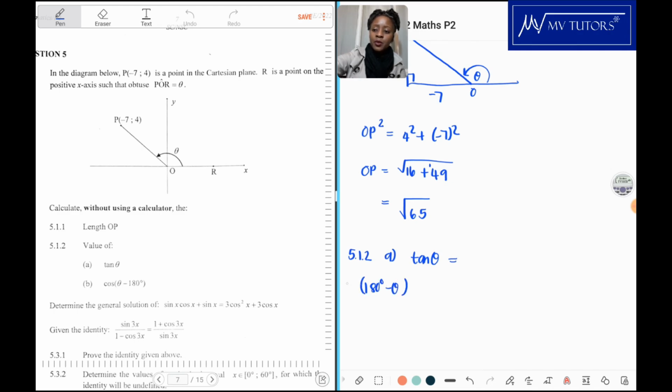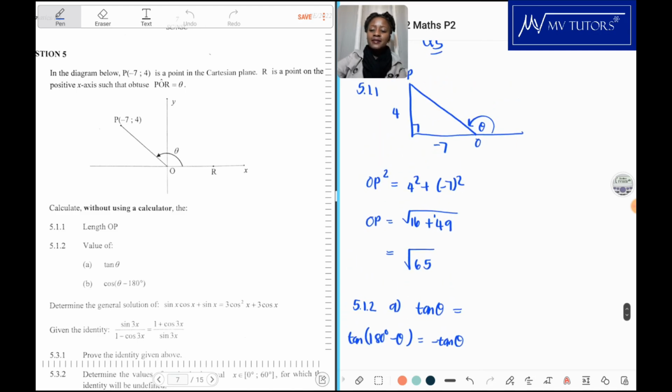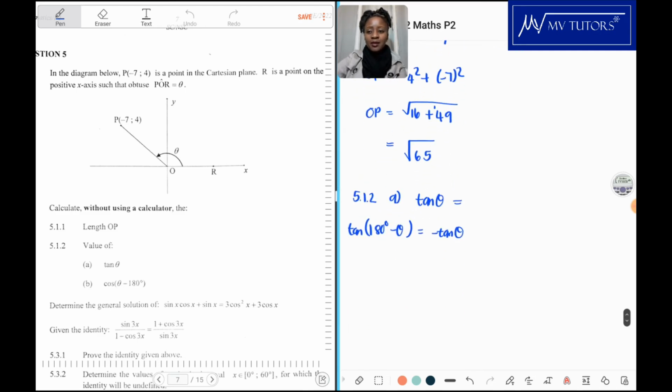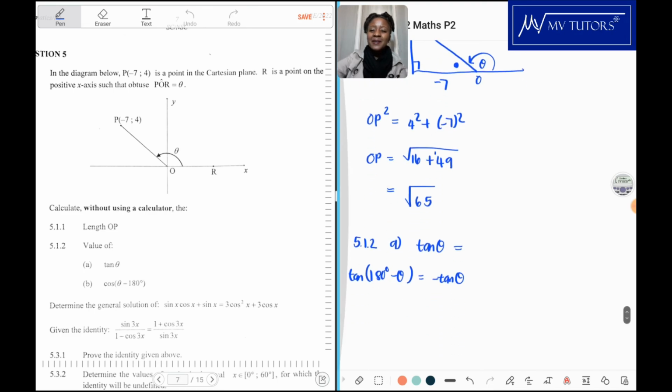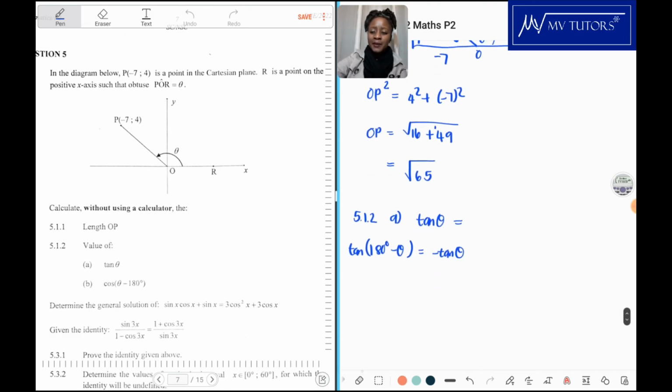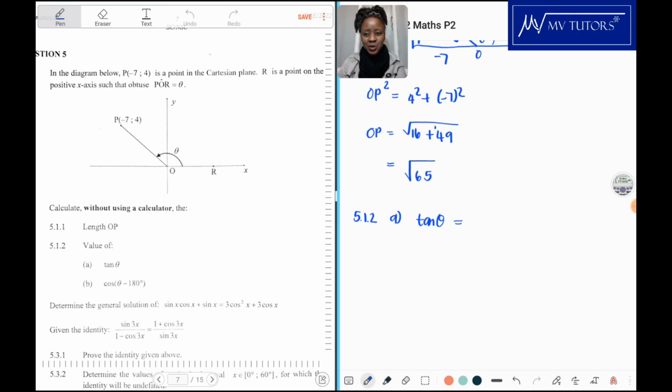Okay, and if that were to be tan of 180 minus theta, that's basically negative tan theta. Okay, so theta, I don't want to confuse you, but theta is at this point now if I have reduced this big obtuse angle. So whatever answer you get, you must have a negative value to it.